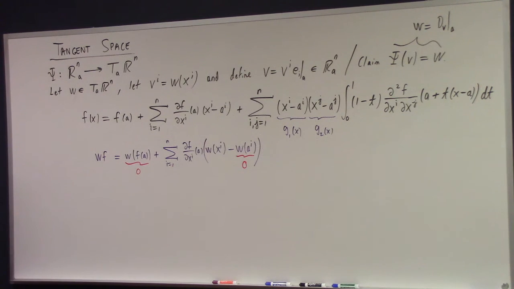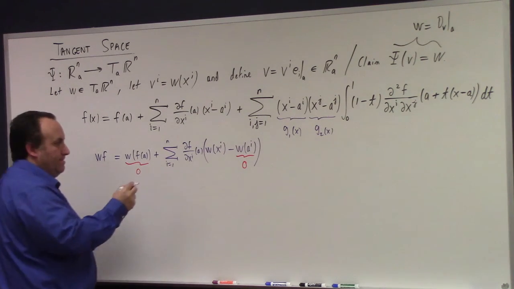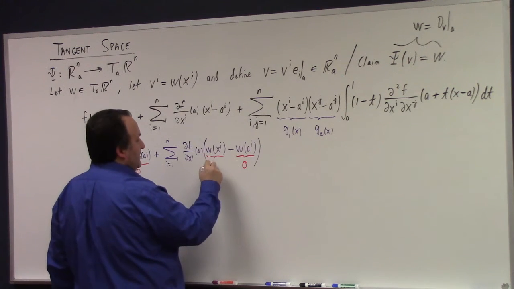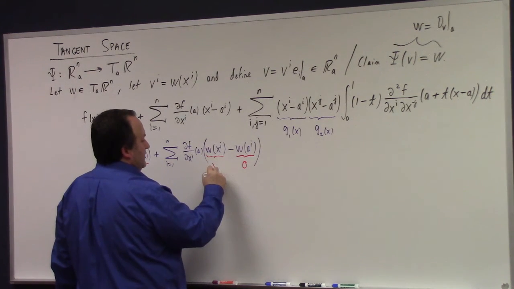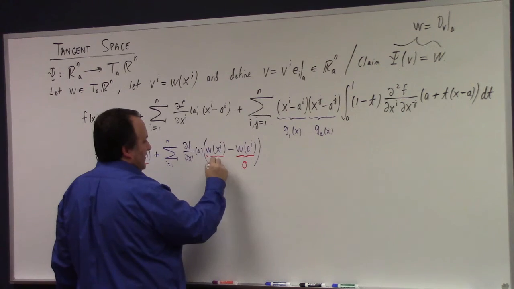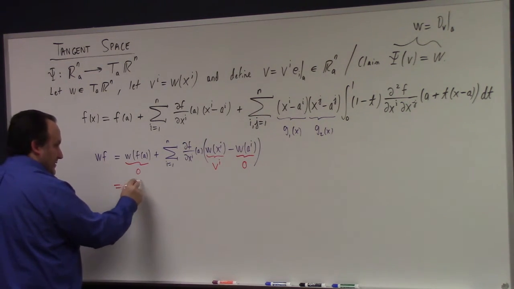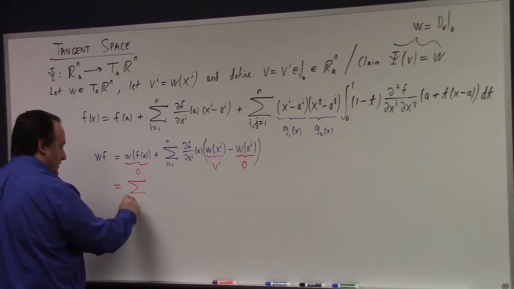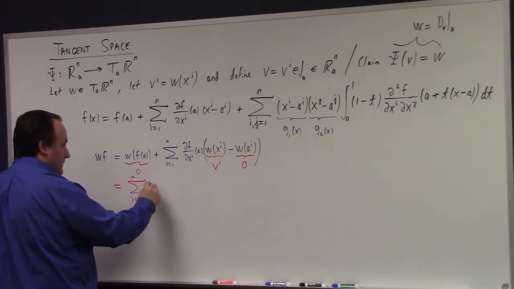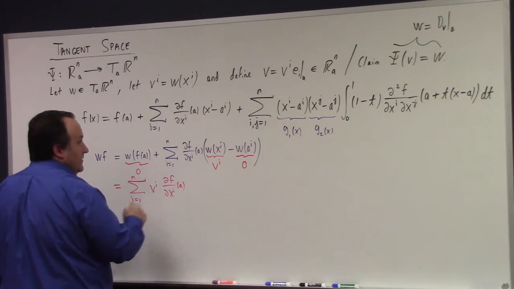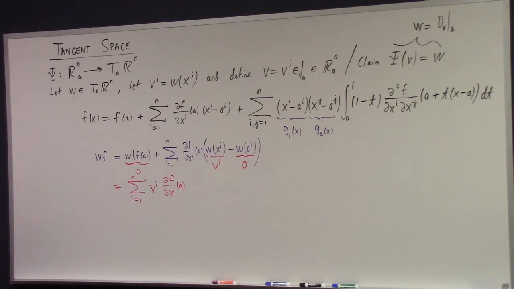It's also a constant. And what's this? That by definition is your v upper I, that's vi as we defined it, right? And so what you got is a sum I equals 1 to n of vi partial f partial xi at a. What were we trying to prove? Surjection. Surjection.